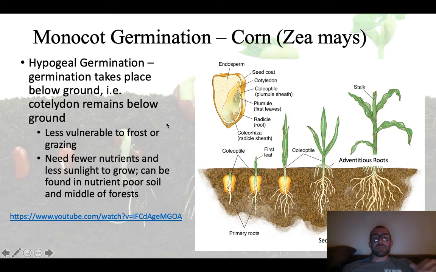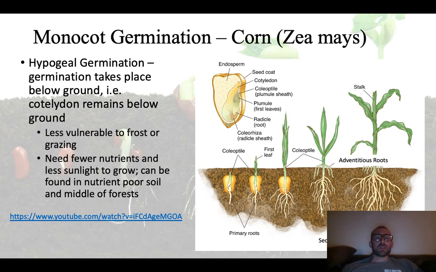Again, remember I said that the majority of monocots are grasses, and if you think of grasses, you think of plants that are grazed upon, right? So this type of germination protects the new developing embryos from grazing. Right? So even if as it's growing it gets grazed upon, there's still this food store in the endosperm in the seed that can allow for new growth to occur.